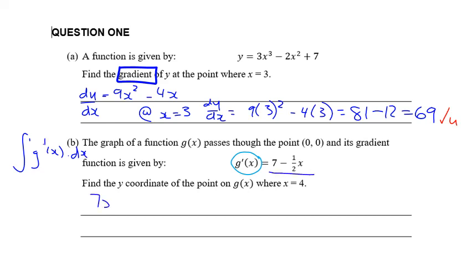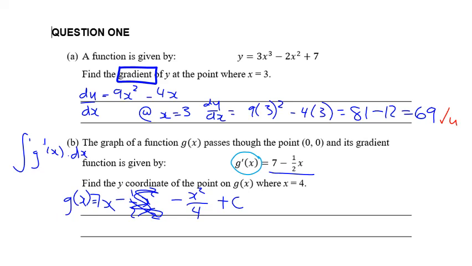That becomes 7x. I'll call it g(x) equals 7x minus a half x squared over 2, which is actually just the same as minus x squared over 4. Is that it? Is that me anti-differentiating it? No, I'm missing out the plus c.